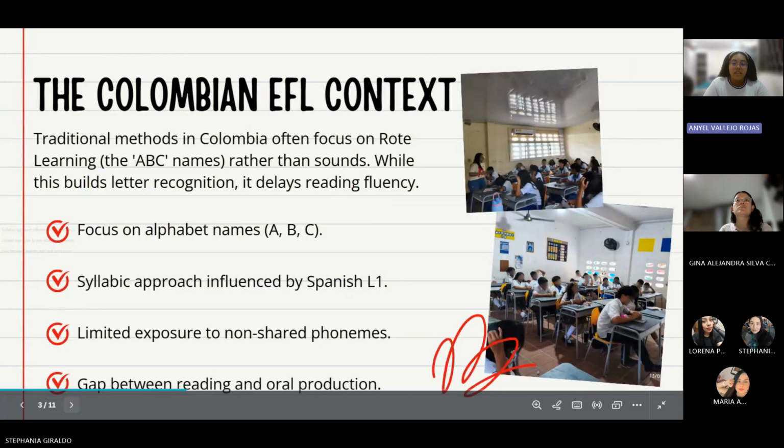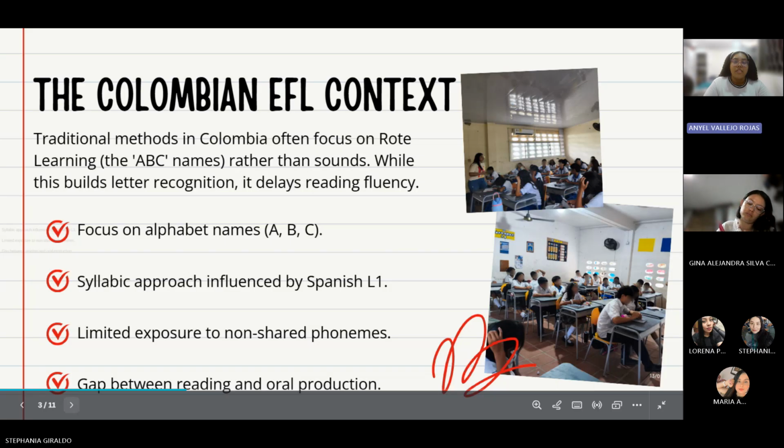Colombian English teaching still depends a lot on memorization and traditional methods. Children usually learn the alphabet through letter names like A, B, C, D, etc. But they are not always taught the actual sounds behind those letters.